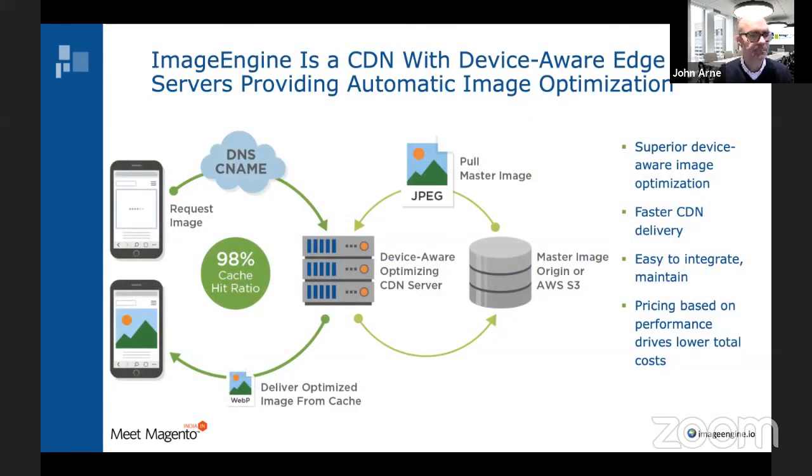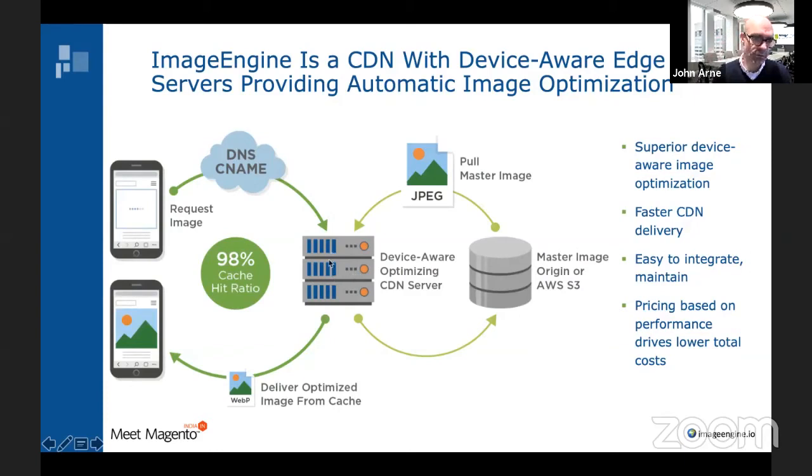So this is how ImageEngine works at a very high level. The mobile device will first request an image from the ImageEngine CDN. On the very first request, it will be a cache miss, of course, and then we go all the way back to the origin, which is the Magento site, before it's fetched onto the CDN. So you don't have to upload images anywhere. ImageEngine will fetch the images from the location that they are currently.